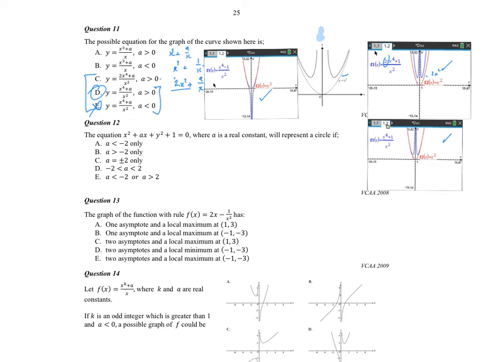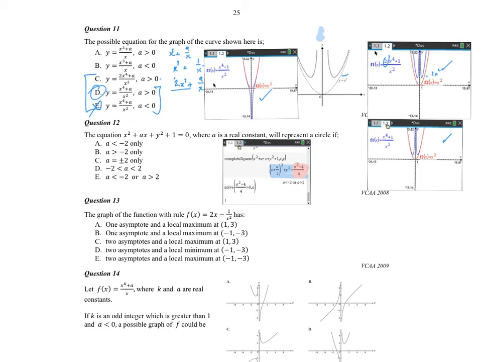Okay, question 12. We'll represent a circle. So obviously we're looking to complete the square a little bit here, aren't we? So I think, what if we use our CAS to do that? So if I can type that in and complete the square, you see that we've got this expression here, and that thing there, take it across to the other side, that's my radius.